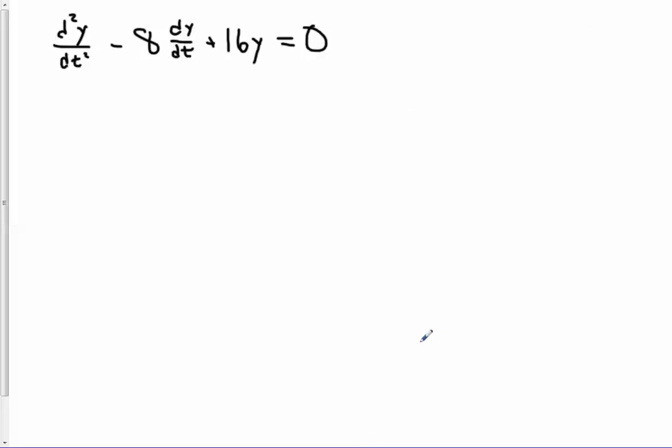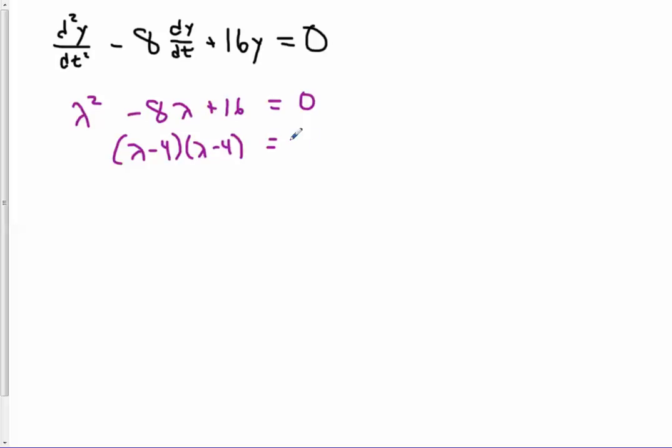Okay, here's an example. Here's our differential equation. We switch to the algebra equation, and we try to solve it. This does factor. In fact, this ends up being lambda minus 4 squared equals 0.